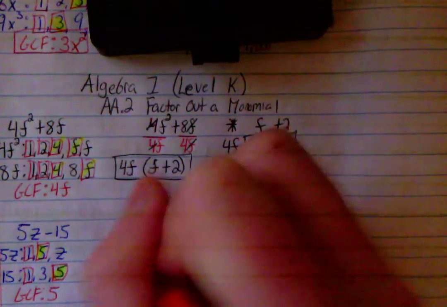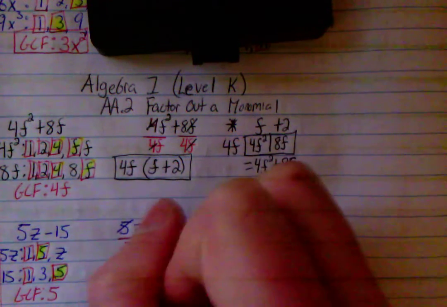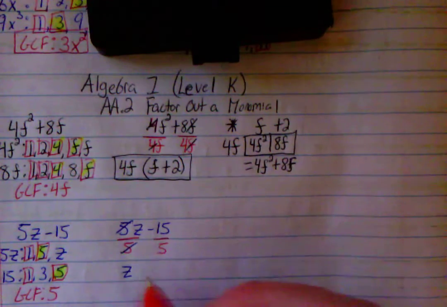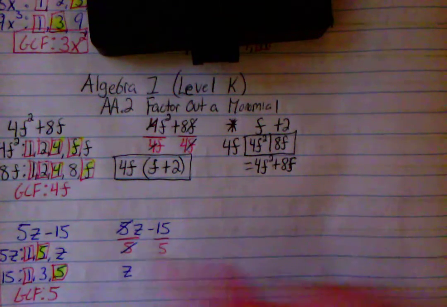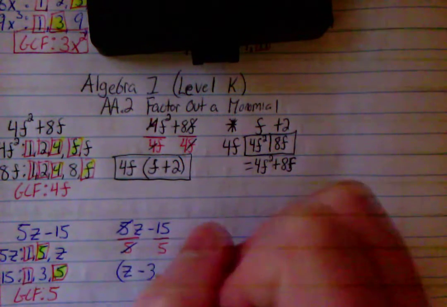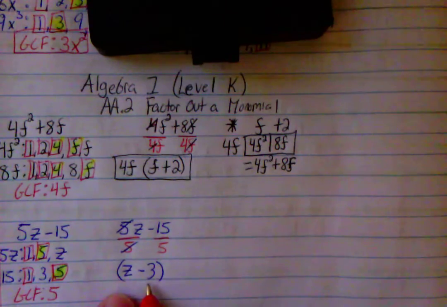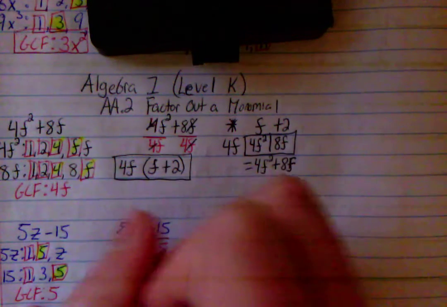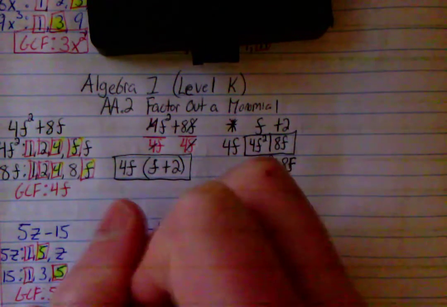5 divided by 5, that cancels, or it's 1. I have z left. And 15 divided by 5 is 3. Remember, z minus 3 is not the answer. We need to include our GCF on the outside.